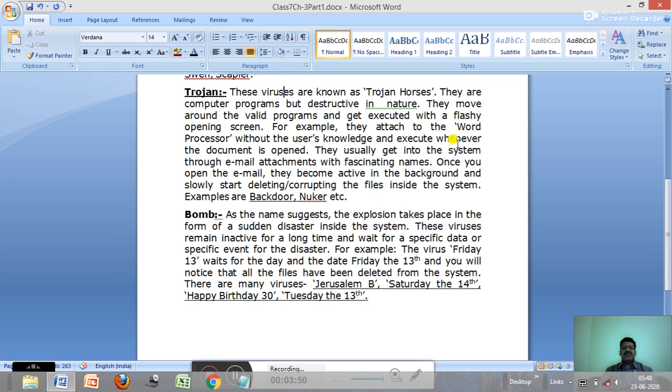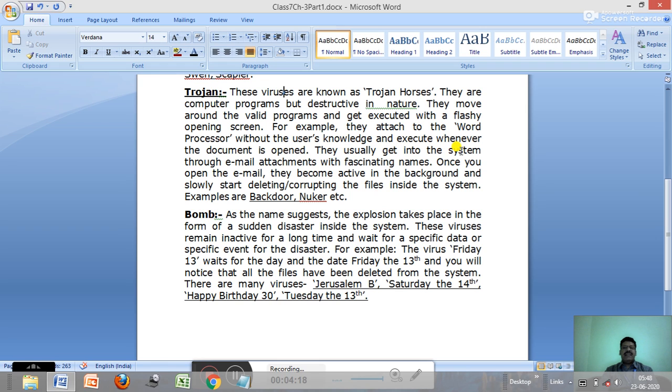Now what is a word processor? MS Word, where you create documents and type letters. So that is the word processor, like MS Word. They attach to the word processor like MS Word without the user's knowledge, without our knowledge, and execute whenever the document is opened. Whenever you open any document in MS Word, the virus program will execute.